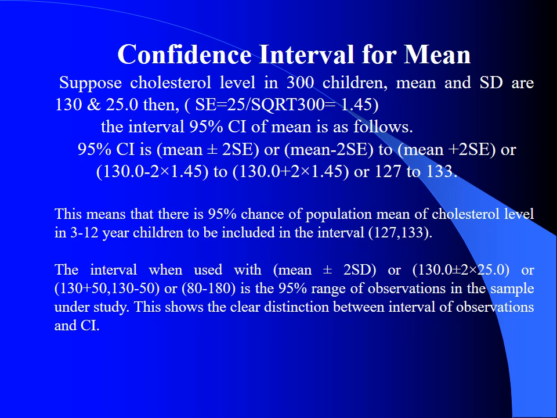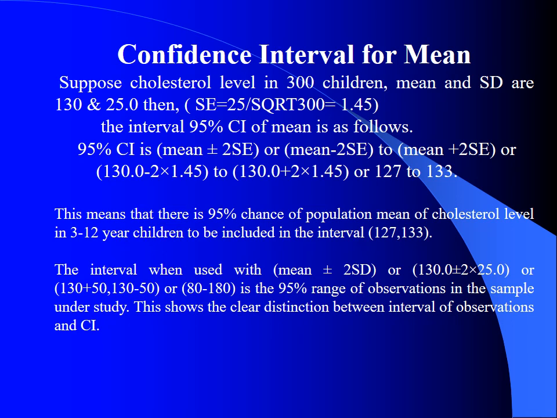So the mean is 130, and the mean is an estimate of the population mean, and in the population the cholesterol level is likely to fall in this range. So this means that there is a 95% chance that the population mean of cholesterol level will be included in this interval. So that is the beauty of it. We are talking about the population by taking one sample.